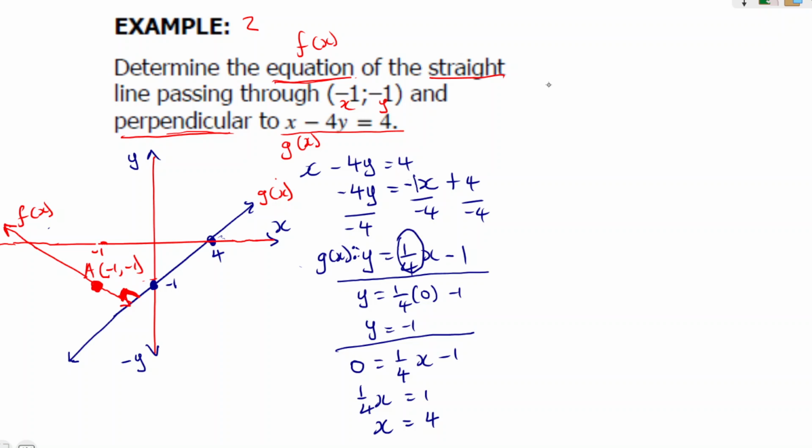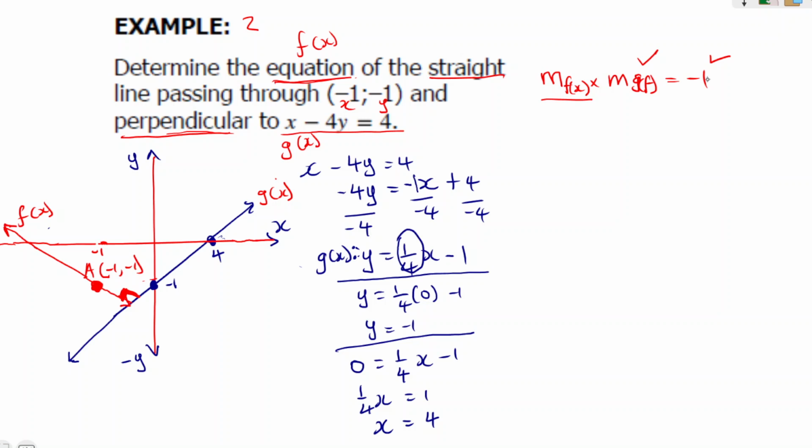We have to use the formula that the gradient of f of x multiplied by the gradient of g of x equals negative 1. If you multiply the gradients of the two, they will give you negative 1. We don't know this gradient, but we do know the other gradient, and we do have a negative 1 on the other side.